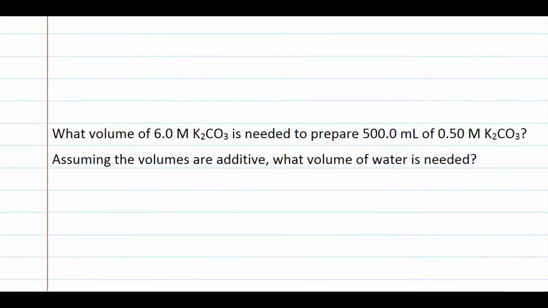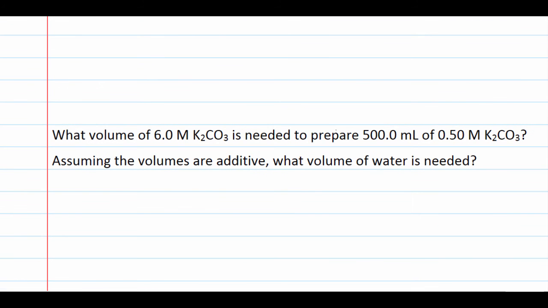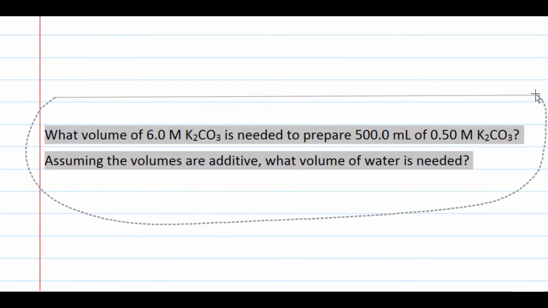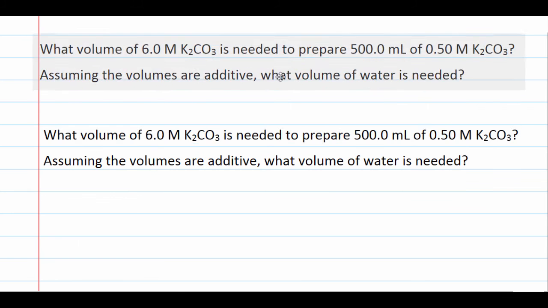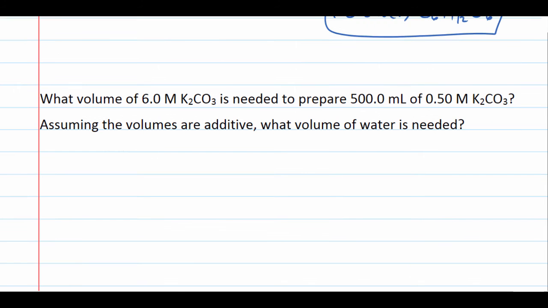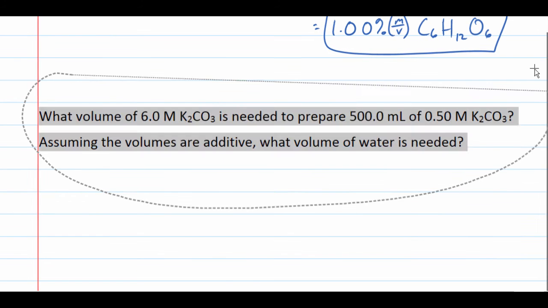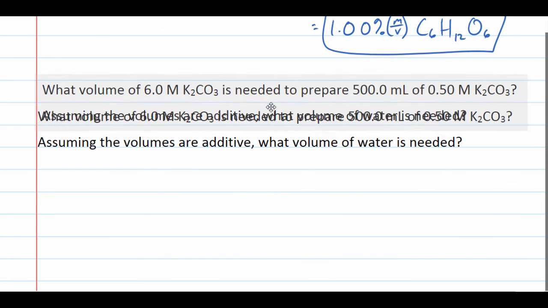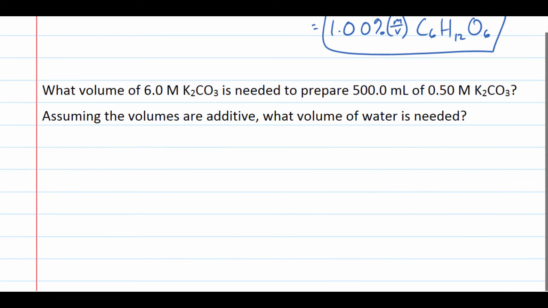Okay, next one. We'd like to know what volume of 6 molar K2CO3 is needed to prepare 500 milliliters of 0.50 molar K2CO3. And then, assuming that the volumes are additive, what volume of water is needed? So let's go through this particular one and label them just like before.